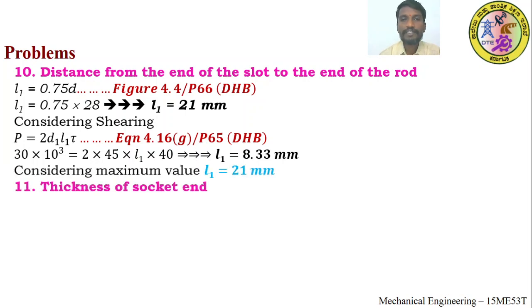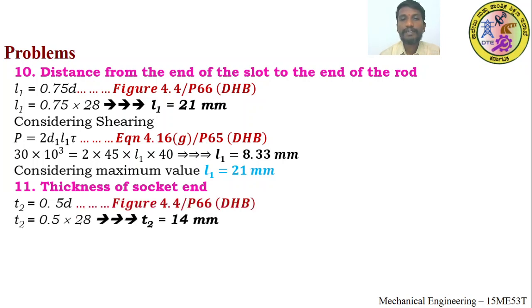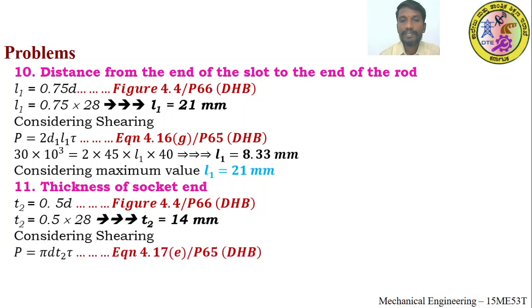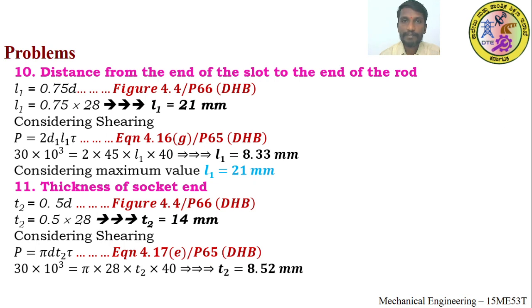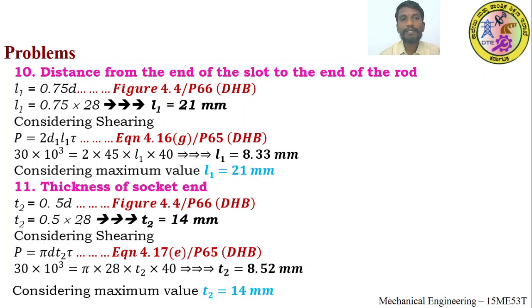Then the last point, thickness of the socket, T2 is 0.5 times D. Applying the values, we will get T2 is equal to 14 millimeter, and this is subjected to shearing. Then applying equation number 4.17e, page number 65, we will get the value T2 is equal to 8.52 mm, but the maximum of these two values, that is T2 is equal to 14 mm, can be adopted.